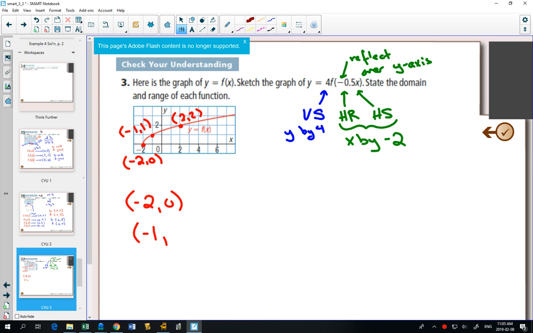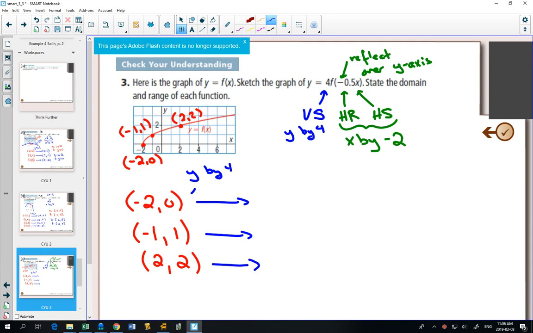So if I rewrite those points below, and I use the arrows to show my transformations, I can write above this arrow that I need to multiply my y values by 4 and my x values by -2. So x values by -2, this one will become 4, this one will become 2, this one will become -4.